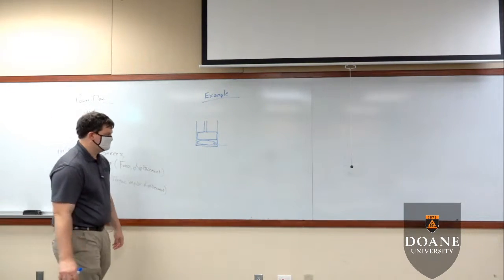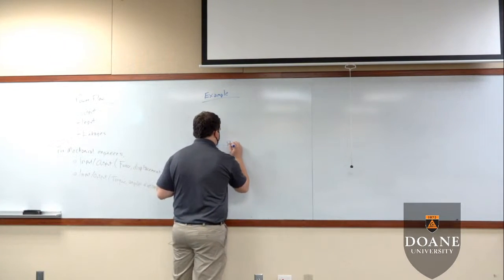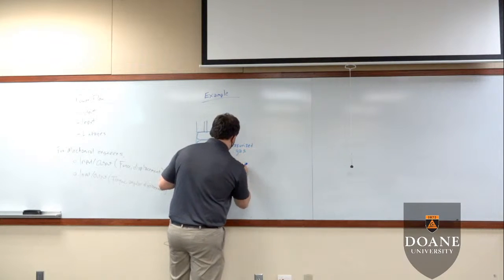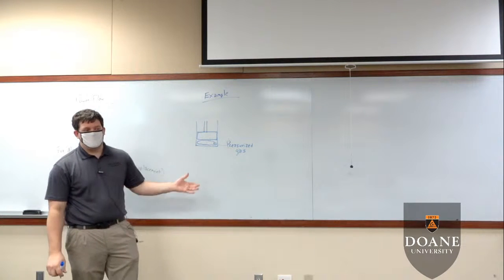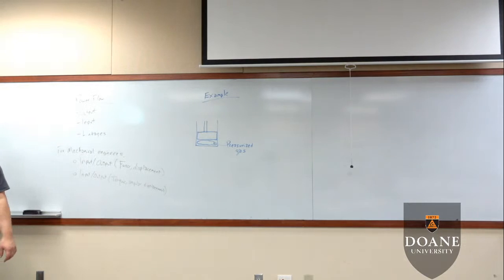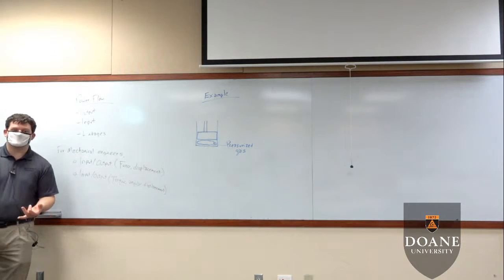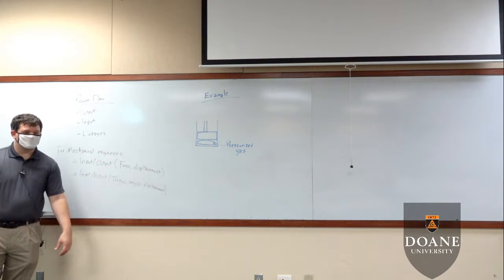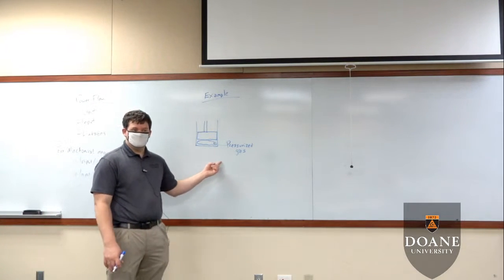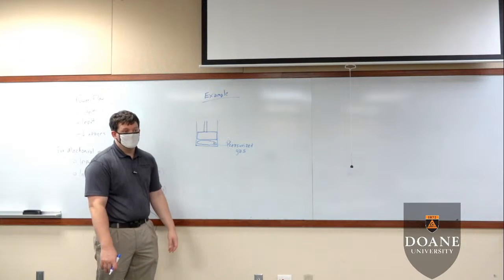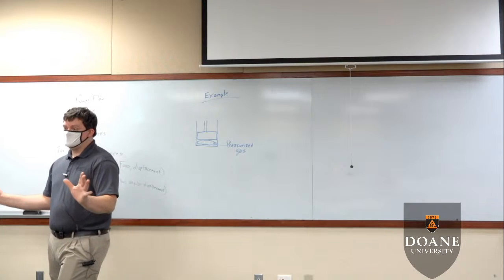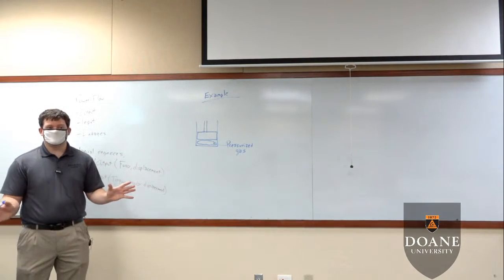Now this pressurized gas could be air. It could be a mixture of combustion elements, such as an explosion that happens when you combust gas. This could be Mentos and Diet Coke. This could be many different things that create pressurized gas. Doesn't matter what it is. That's how a piston cylinder system works.